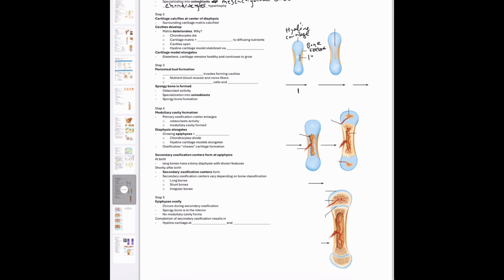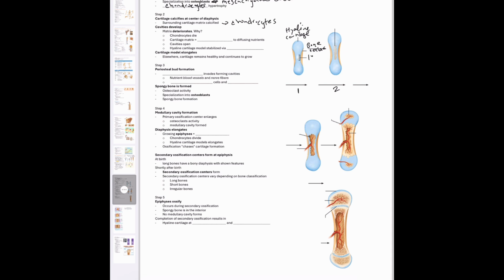Okay, so now we'll move on to step 2. What is going on here? So the cartilage calcifies at the center of the diaphysis, but how does it calcify? That is due to the role of our chondrocytes. So our chondrocytes, they're going to secrete this calcium and calcify the cartilage matrix.